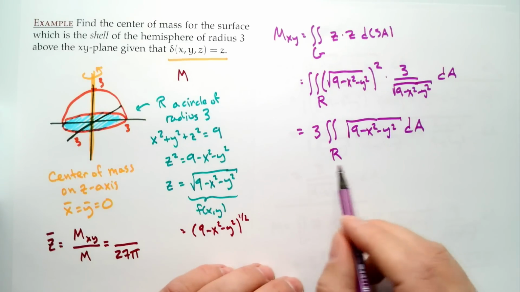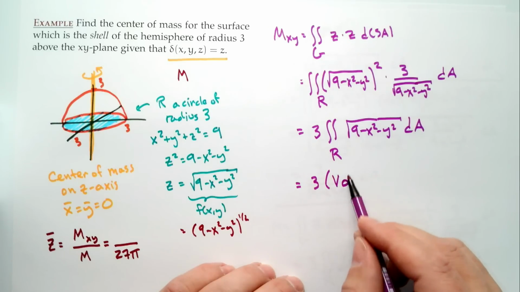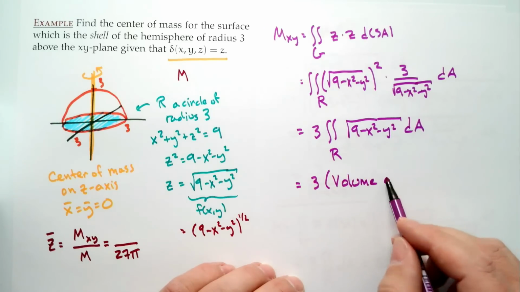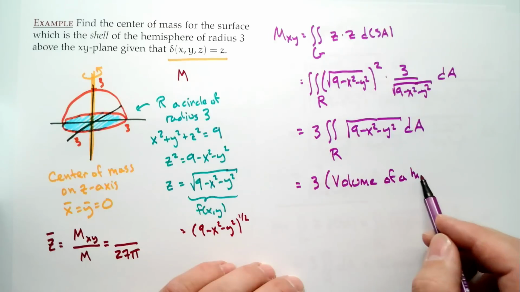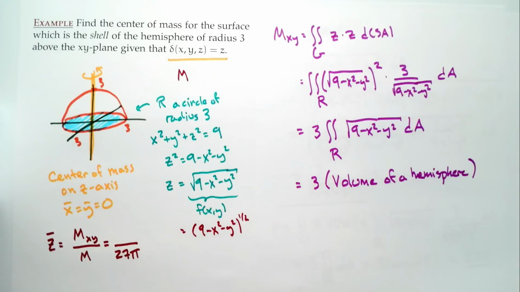So this integral here, I can think of as the volume of a hemisphere. Now, you might say, but wait a second, I thought this hemisphere was empty, it was just a shell. But you have to be careful here. I'm not saying that our hemisphere is solid. I'm just saying I can interpret this integral to be that. And then I'm perfectly fine.